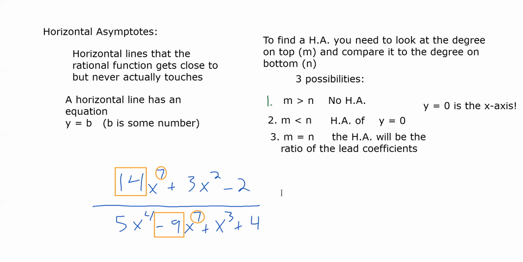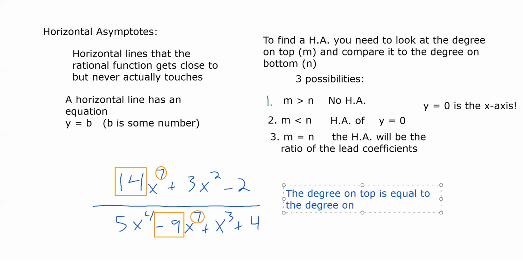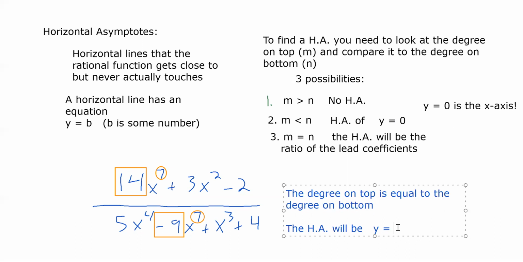So for this problem, the degree on top is equal to the degree on bottom. The horizontal asymptote will be y equals, it's going to be a linear equation, a horizontal line.